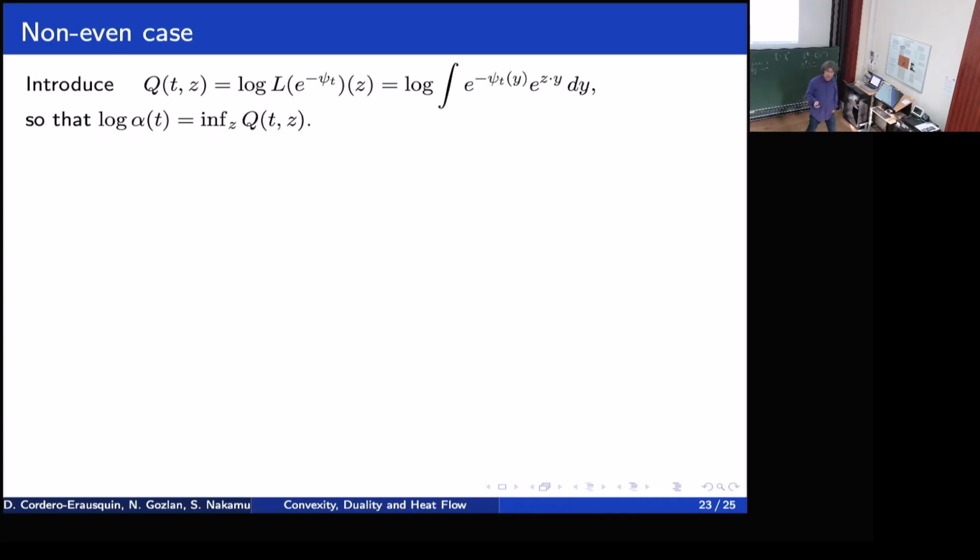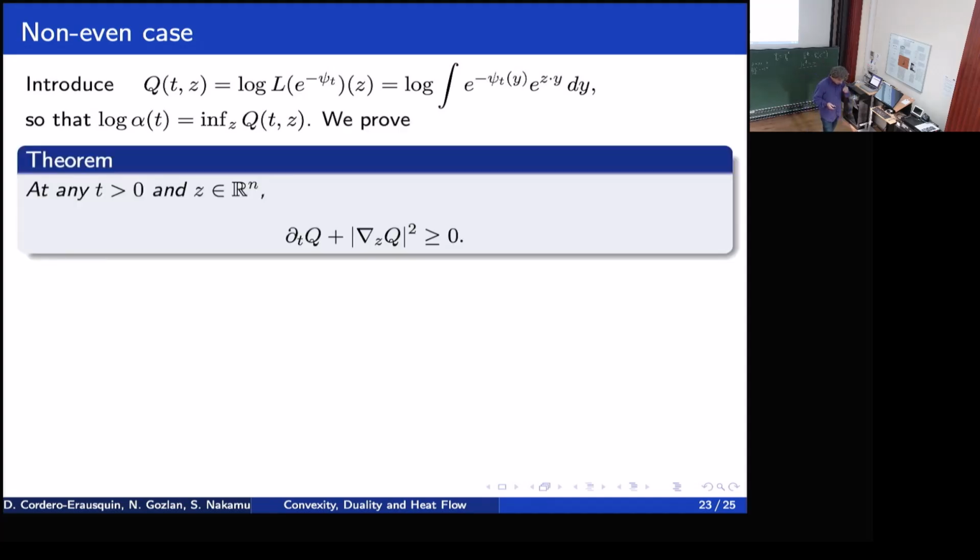So here I recall the definition. Now I will have two parameters, t and z, and this is the Laplace transform of phi_t at z. Again, I put the log, but you can forget about the log, it's not important. The important point is that I'm looking now at the Legendre transform of psi_t, and I have this extra parameter z. I want to understand the infimum over z of this q_t, which is my log alpha that I want to prove increases.